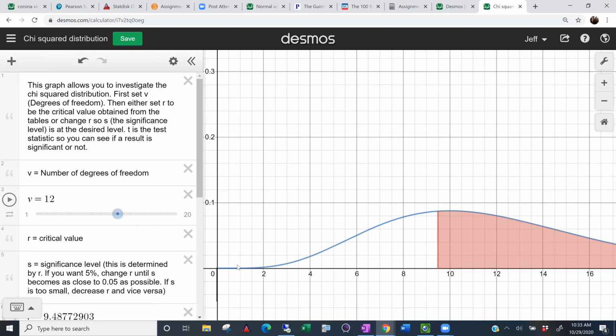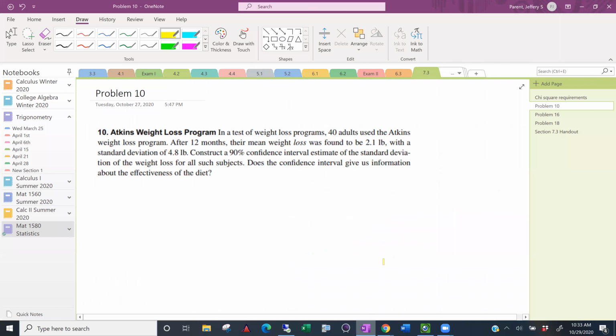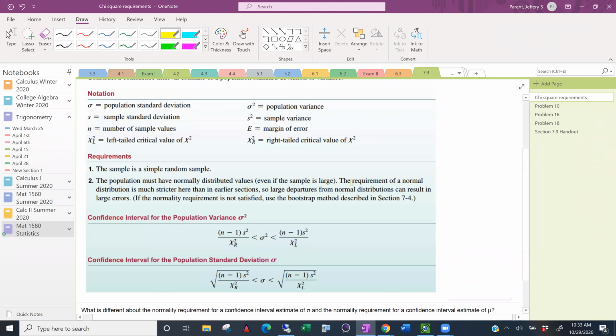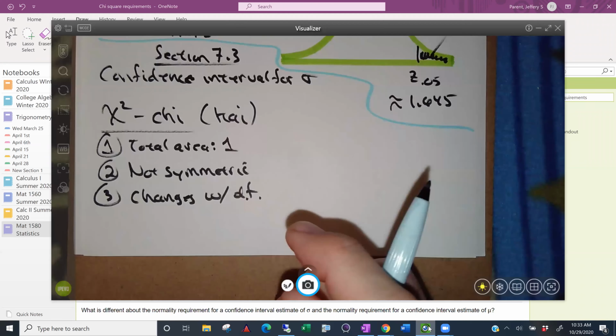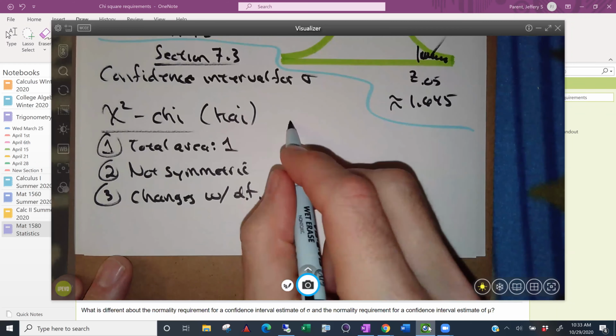Now, to build a confidence interval for these things is kind of a pain. If we were doing this by hand, you would need to figure out chi-square sub r and chi-square sub l. Those are points in the chi-square distribution that have a certain percentage of the area in the tails.